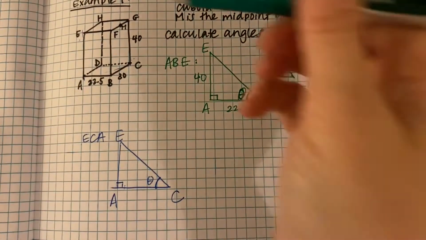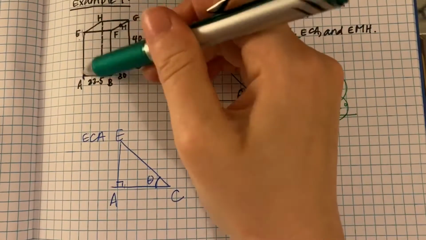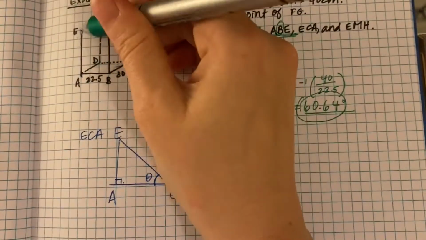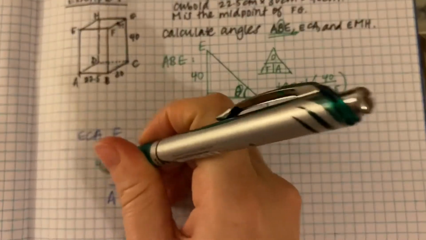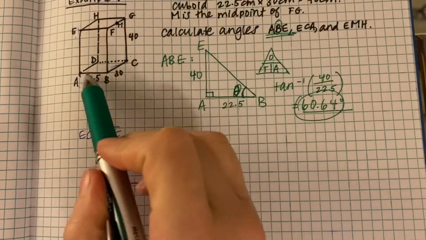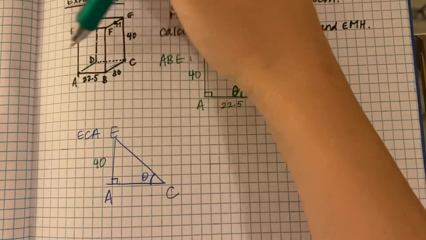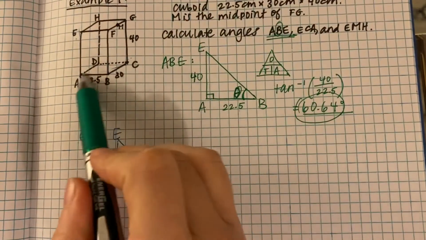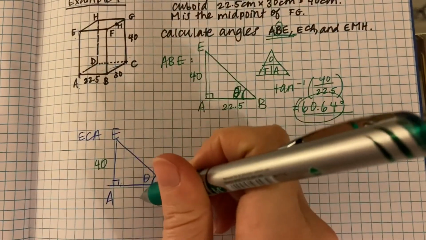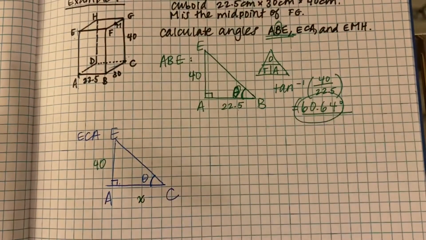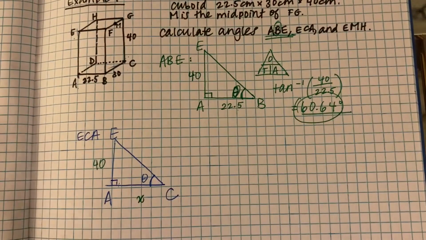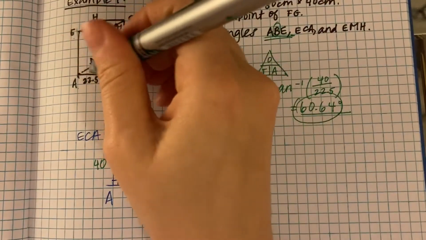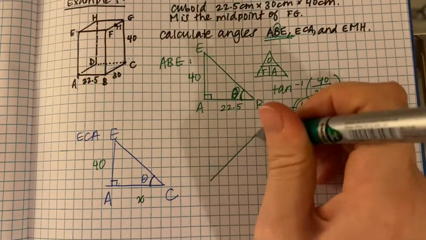All right, let's look at pieces of information that we do know about this triangle, ECA. We know the height of the cuboid is 40, so the height of this triangle as well will be 40. And then we're missing this piece of information, and we're also missing this one. The quickest thing that we could calculate is the length AC. We'll call it X, because if you look at this triangle ABC, let me draw that out.